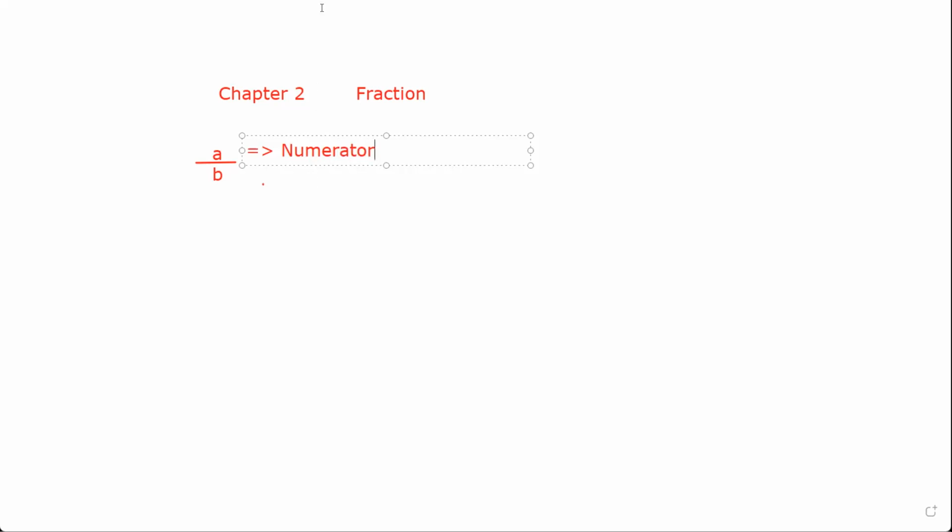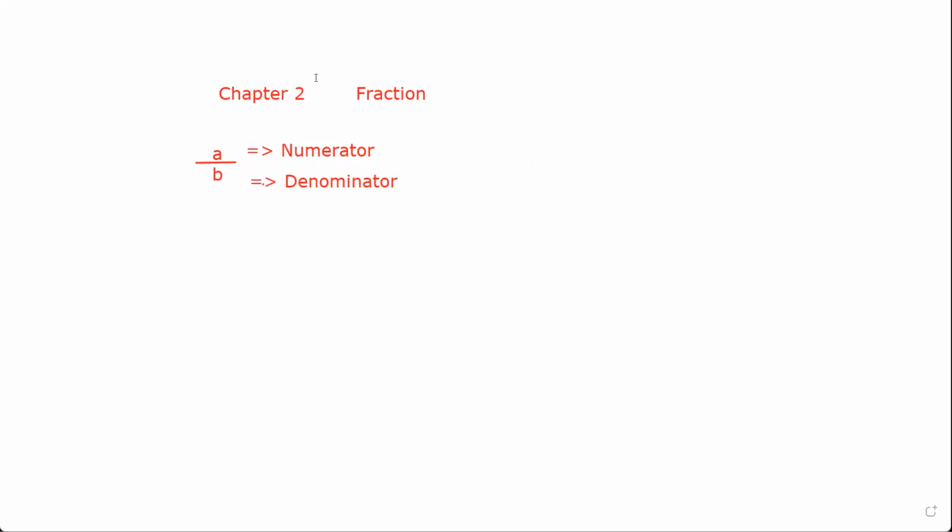And b is called denominator. So, my dear students, a is called numerator and b is called denominator.